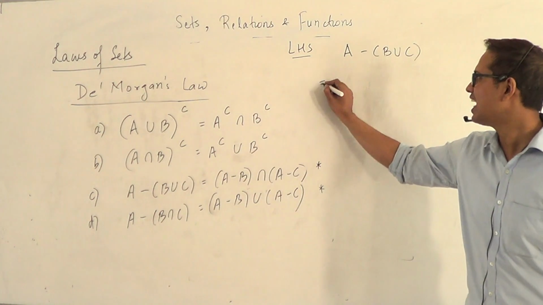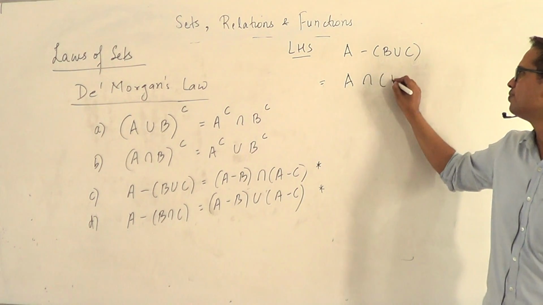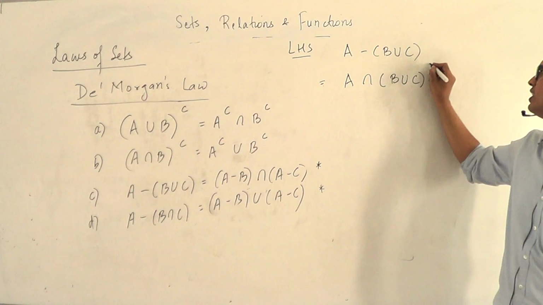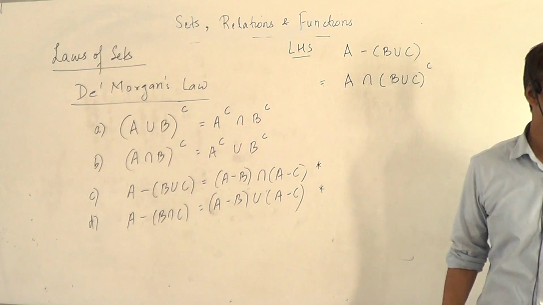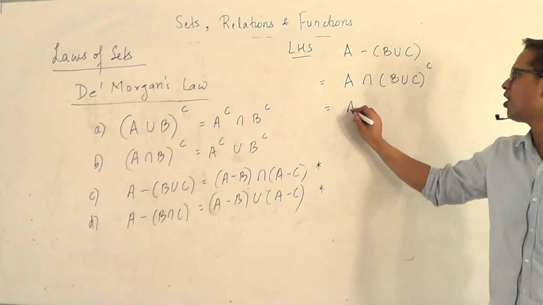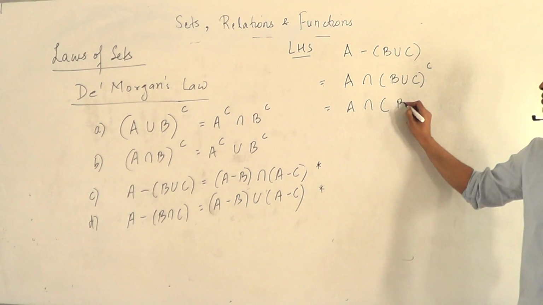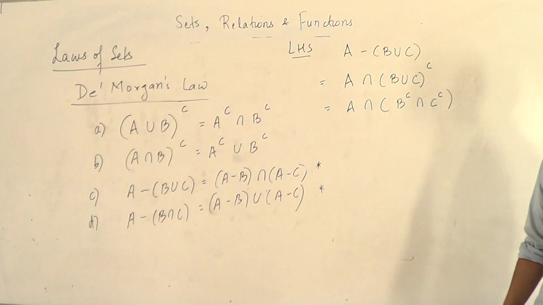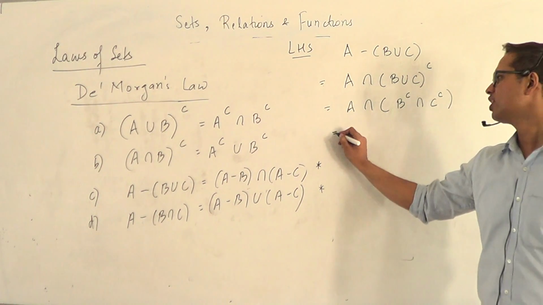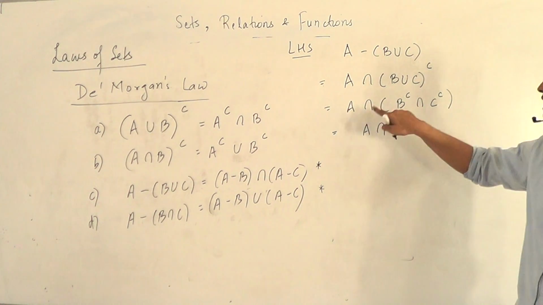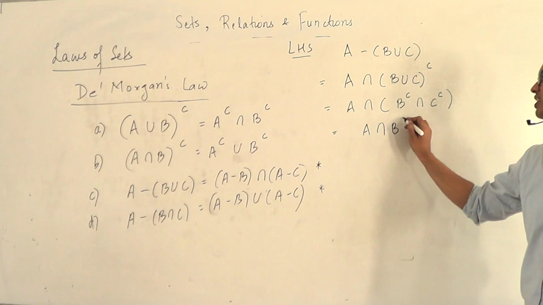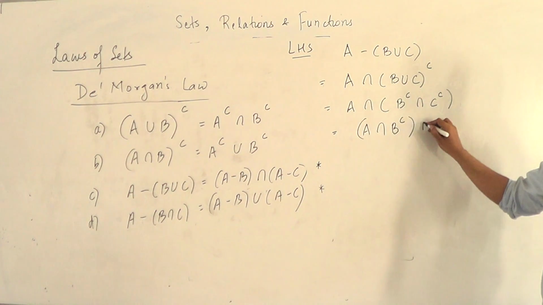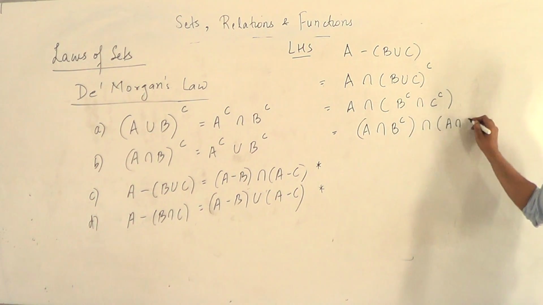So can I write this as A intersection complement of B union C? Correct? Can I say by De Morgan's law that this can be written as B complement intersection C complement? Now I can also follow distributive of intersection over intersection like this: A intersection B complement intersection A intersection C complement.